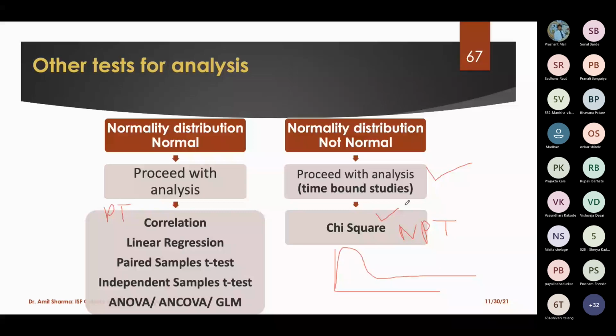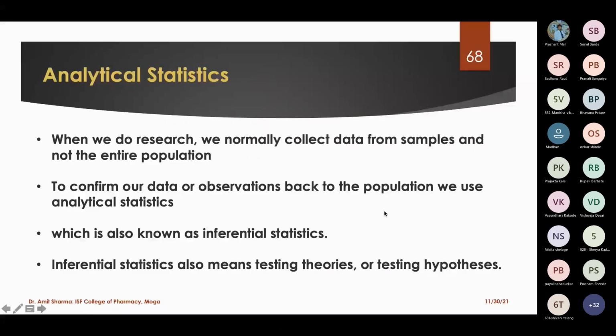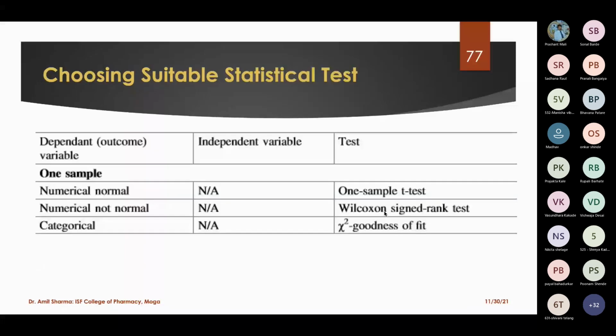Now, the main thing: how to choose which statistical test is appropriate for our research. For that, you should have an idea of what your independent variable is and what your dependent variable is. I gave you one example at the beginning, that A is causing B. So A will be considered the independent variable and B will be considered the dependent variable for your study.